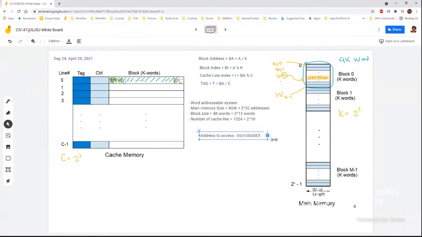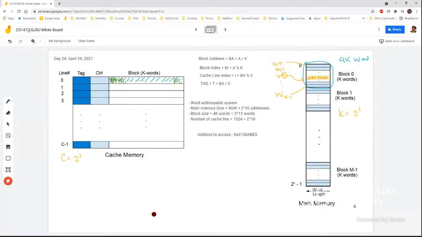Now we need to see if the corresponding block is present in the cache or not. That's the question for us, and let's see how we can manage it.